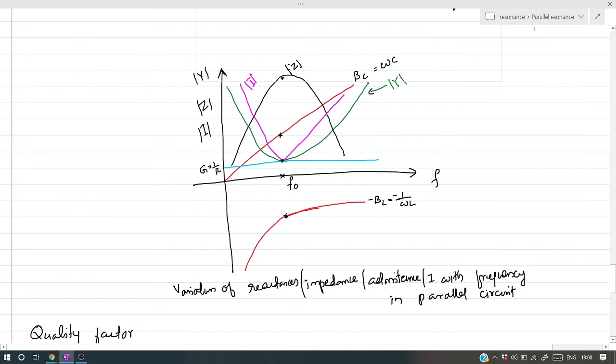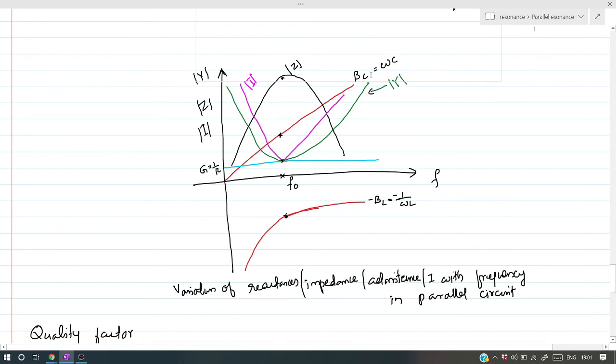So the variation of impedance is reciprocal of that of admittance, so it increases from a minimum value to a maximum value. That maximum value occurs at resonance frequency, then again it decreases to a minimum value as frequency tends to infinity. So as impedance is minimum at lower frequency and higher frequency, current is more corresponding to that situation, and current becomes minimum at resonance frequency. Why? Because impedance is maximum.